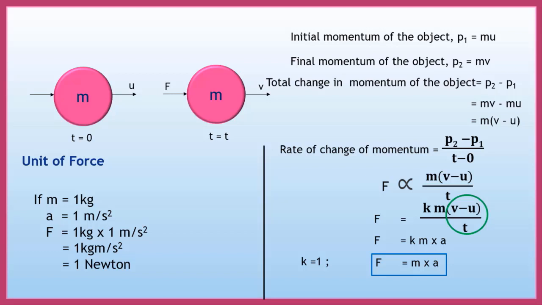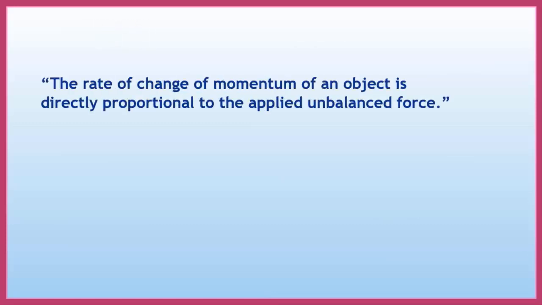It is 1 Newton. Now it's time for the statement. The rate of change of momentum of an object is directly proportional to the applied unbalanced force. This is the statement of the second law of motion. Whatever we have derived previously, the statement states that thing.